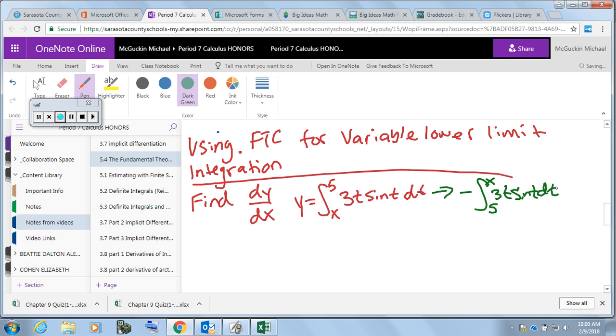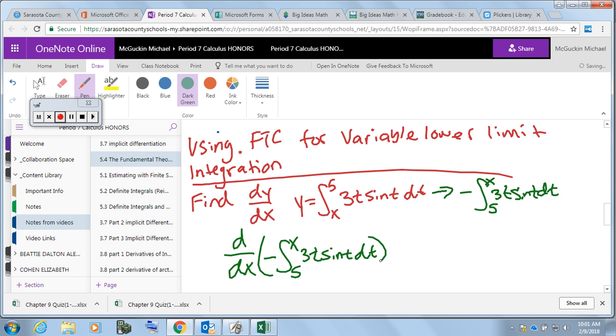Now we are going to be able to use the fundamental theorem of calculus and put that x in our upper limit. So now we are truly trying to find the derivative of negative the integral from 5 to x of 3t sine t dt. And now we're in business to use our fundamental theorem of calculus.